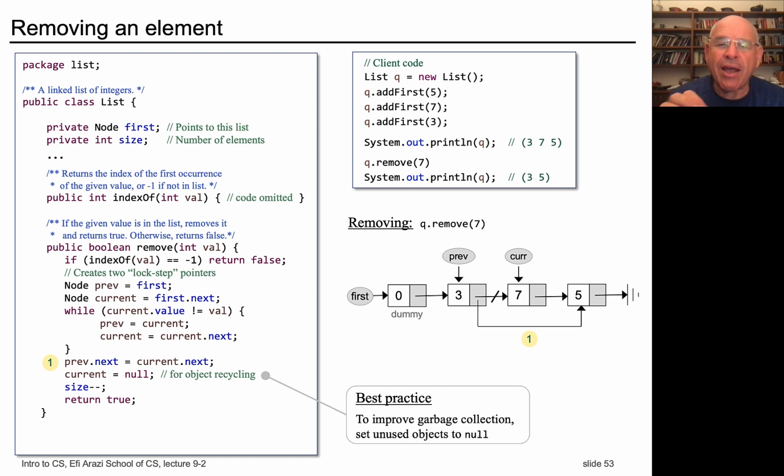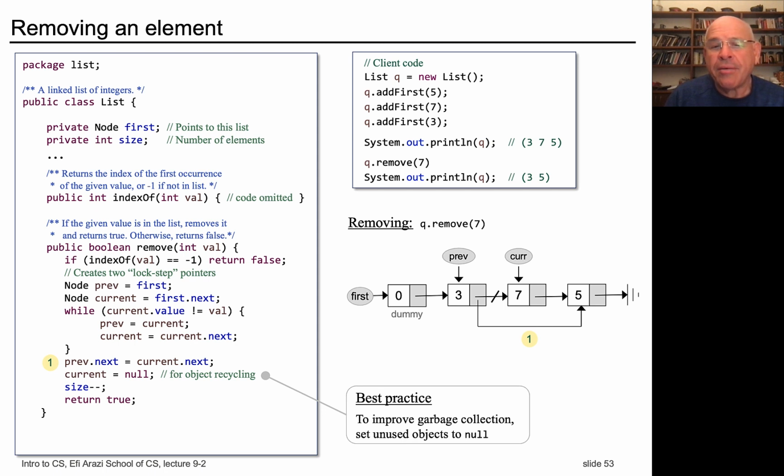See, the garbage collector recycles objects that nobody points at, but current still points at this object. Okay? So if I do lots of deletions of objects, and it happens, there are some applications in which you delete, you're going to create a pile of deleted objects which will not be recycled by the garbage collector.